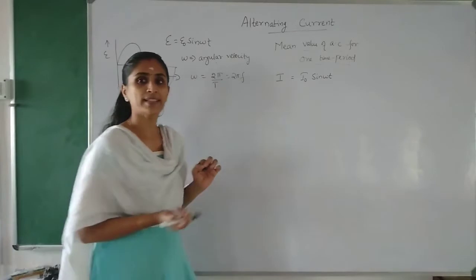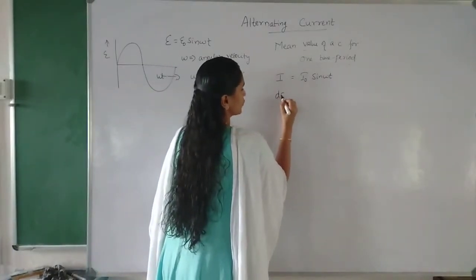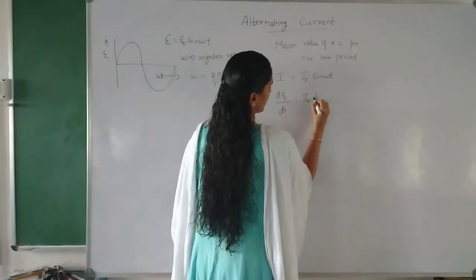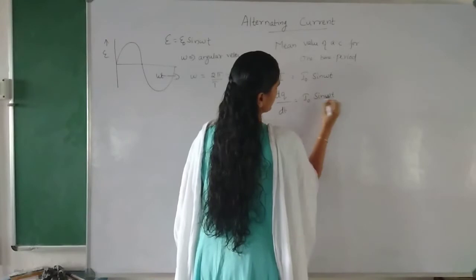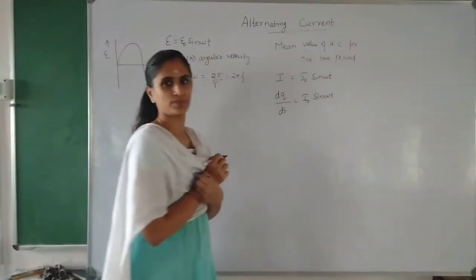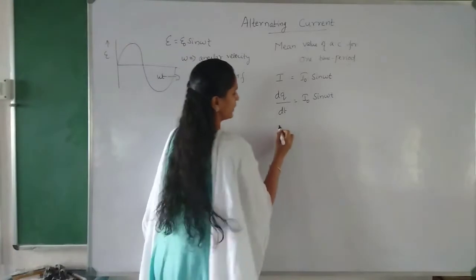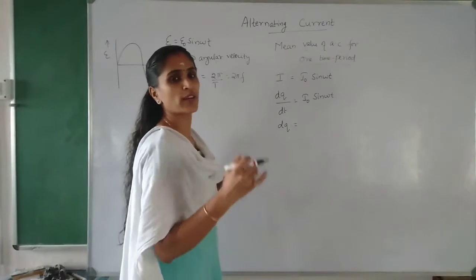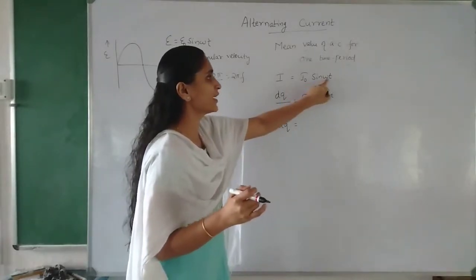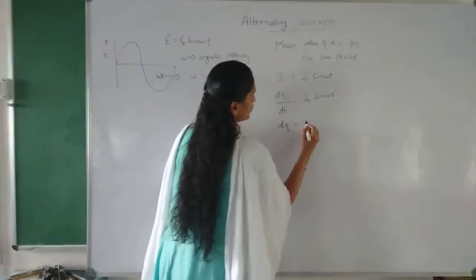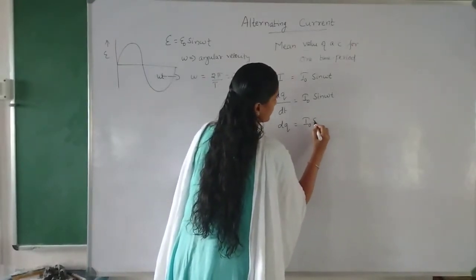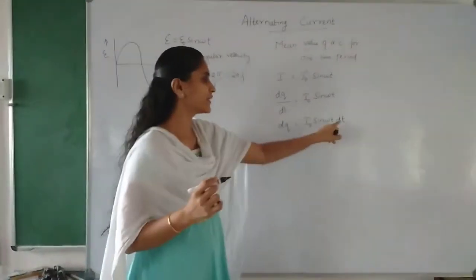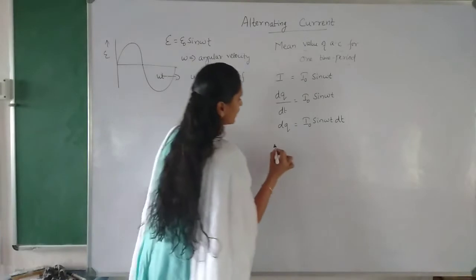And I can be written as dq by dt, so dq by dt is equal to I0 sin omega t. At each and every instant the current flowing through the circuit is changing because it varies sinusoidally. So dq is I0 sin omega t dt. Here t is the variable, so we can find the total charge.